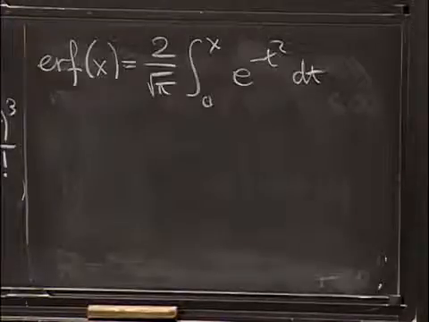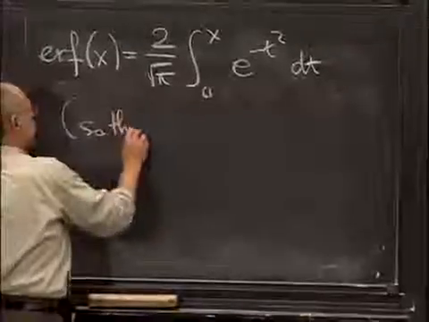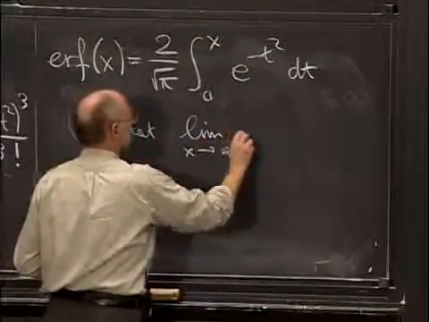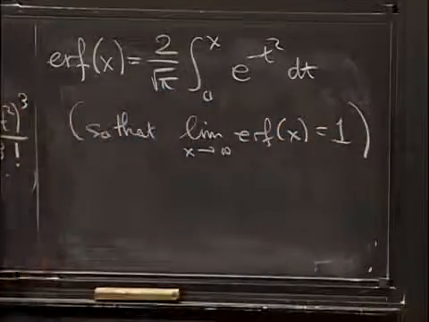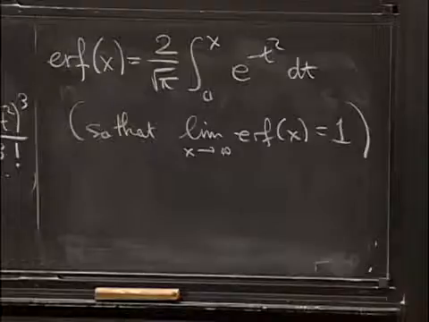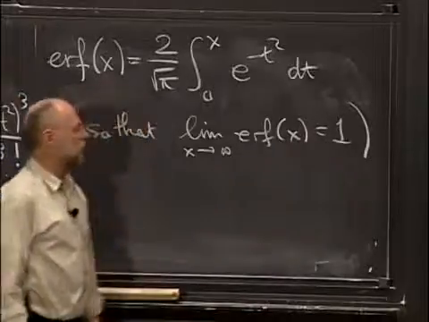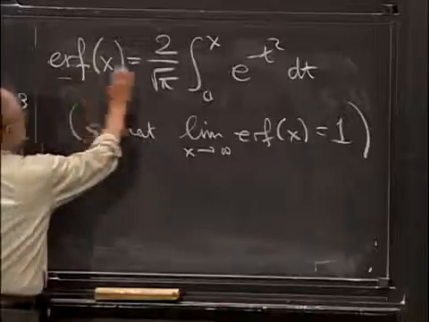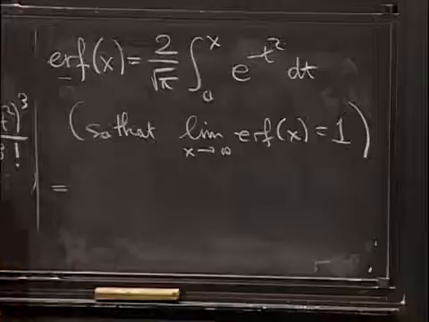And this normalization is here because as x gets to be large, the value becomes 1. So this error function is very important in the theory of probability. And I think you calculated this fact at some point in the course. So this is the standard definition of the error function, to put a 2 over the square root of pi in front. Let's calculate its power series expansion.